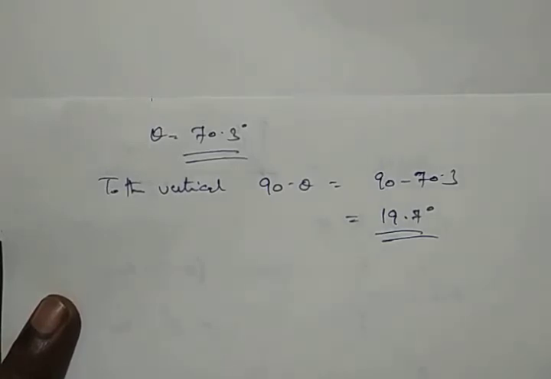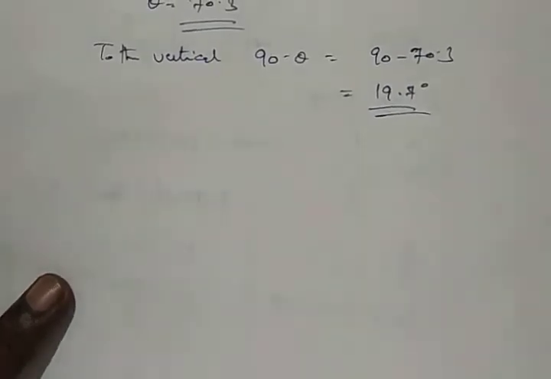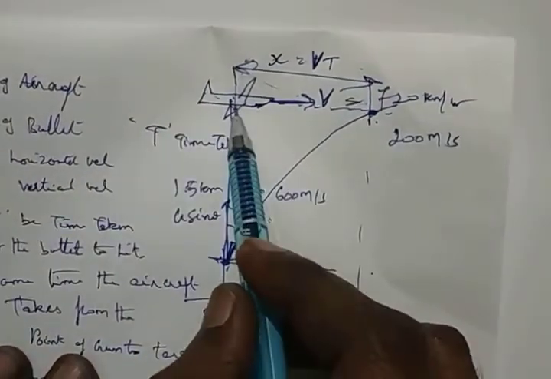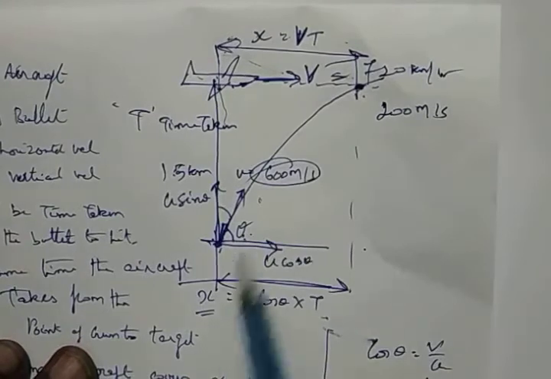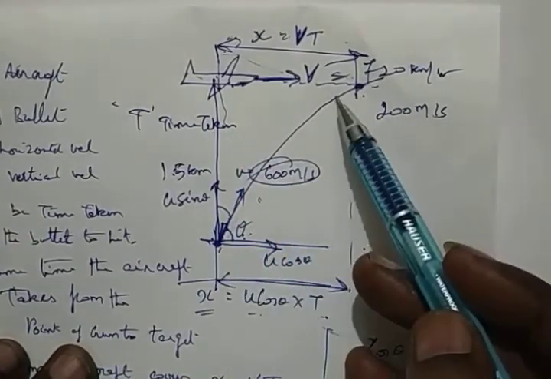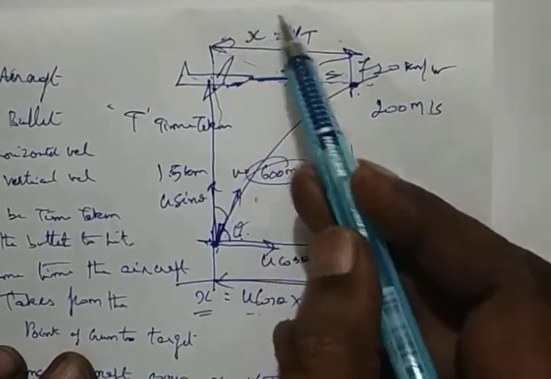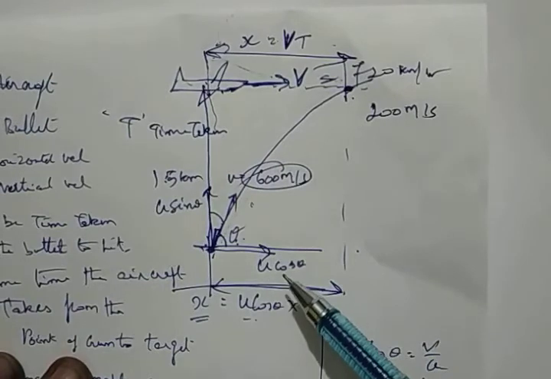Now the next one is, what should be the height of the aeroplane so that at the same speed, if it is hitting, it doesn't hit? If 600 meter per second is the velocity it is coming out, fly so high that it will never hit. What should be the height? That's what is asked.